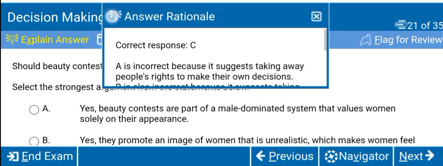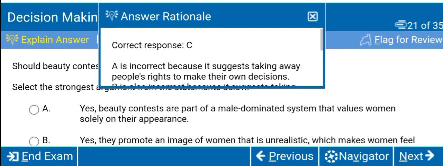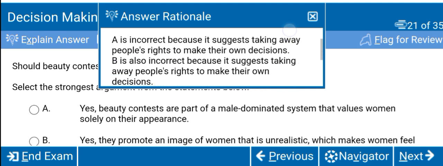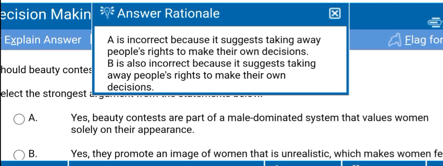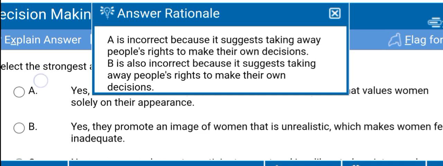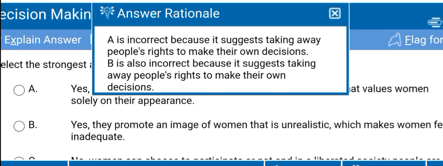So here we have option C is our correct option, and option A is incorrect because it suggests taking away people's rights to make their own decisions. Option B is also incorrect because it suggests taking away people's right to make their own decisions.